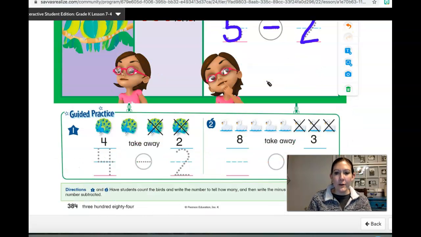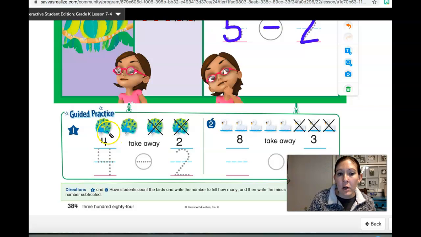Let's try this together. Let's look at number 1 star. Look at how many peacocks there are in all. This is going to be a little bit tricky because we first have to count all of the peacocks, even the ones that have X's on them. That shows us the whole amount because remember, subtracting is taking a part away from the whole amount.